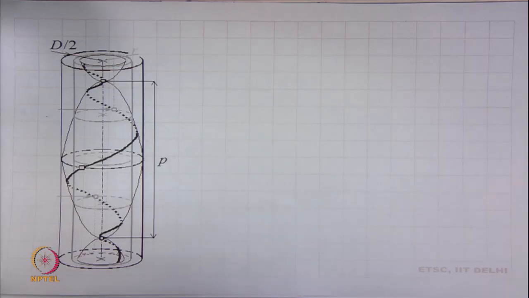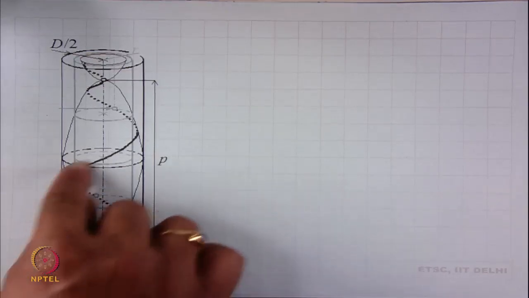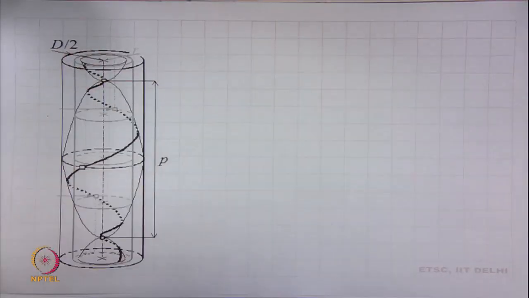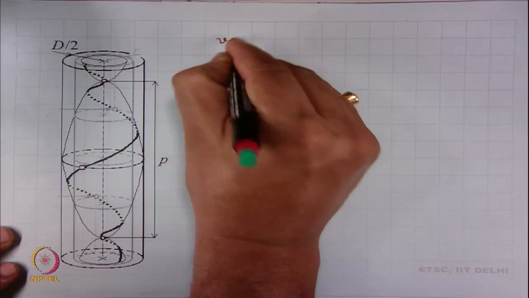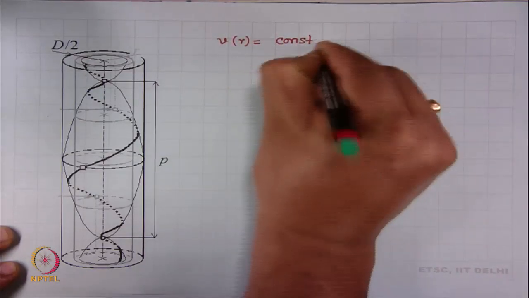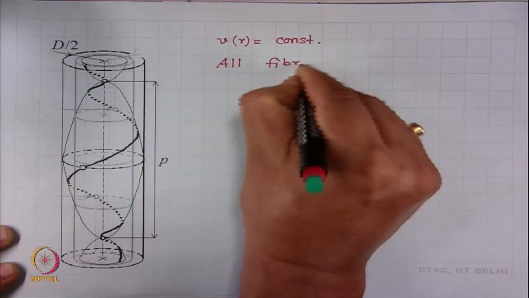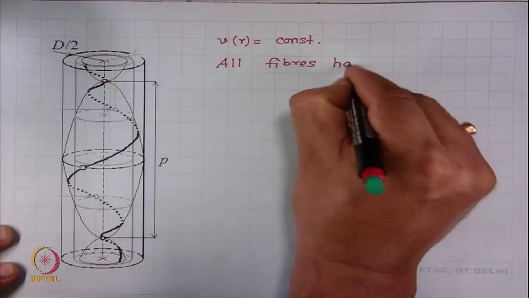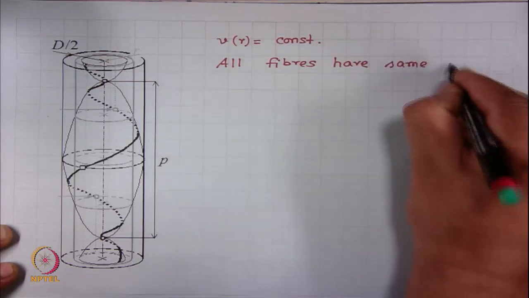That means, this path of fibers is same for all fibers. So, nu r is a constant, this means all fibers have same path.